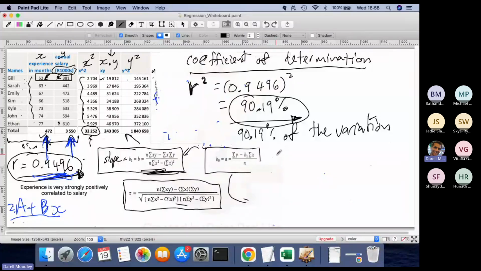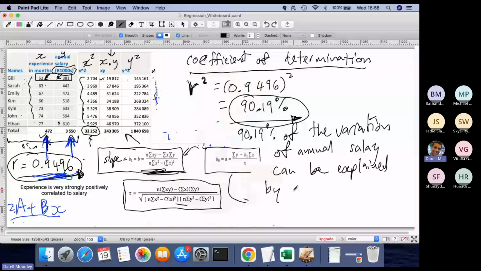Don't just say y, you've got to say what it is: of your annual salary. Salary can be explained by the months of experience. That's it. That's how you interpret it.